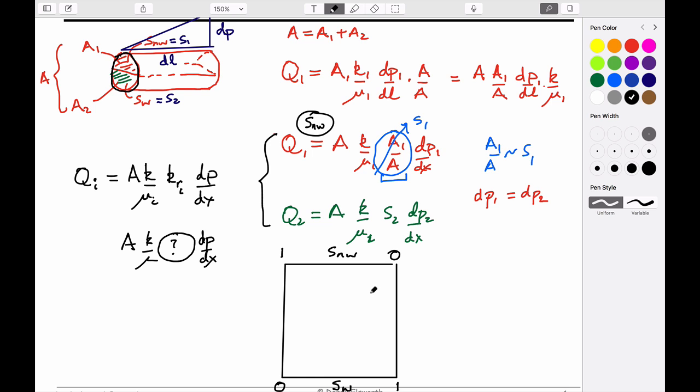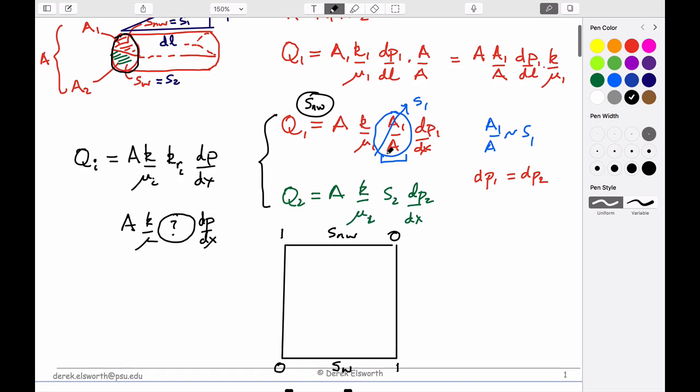Initially, if the area of this non-wetting fluid is equal to 0, then the flow rate through this is 0. And so I think that this is going to be this term here.